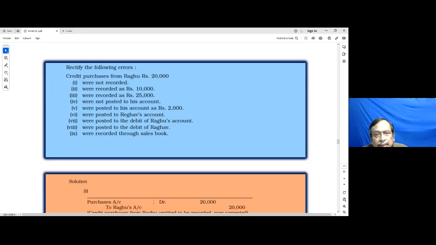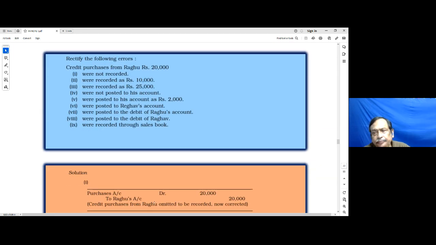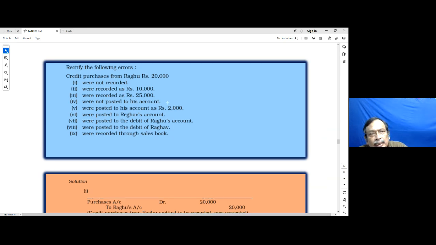Now we are coming to solve this problem. Rectify the errors. I am just considering this so that you can easily understand how the rectification entries are actually being done. Now you see, rectify the following errors.